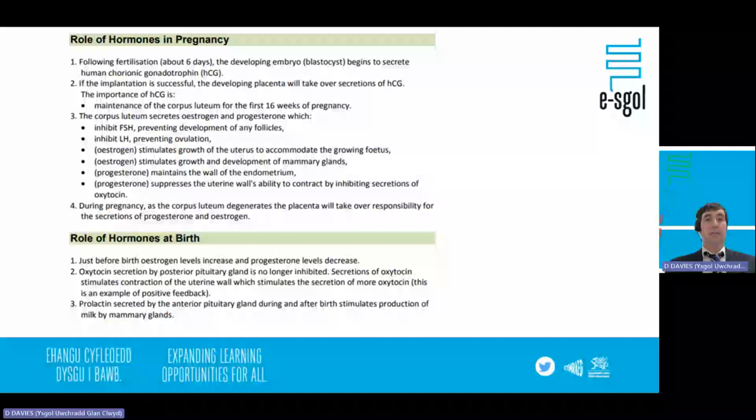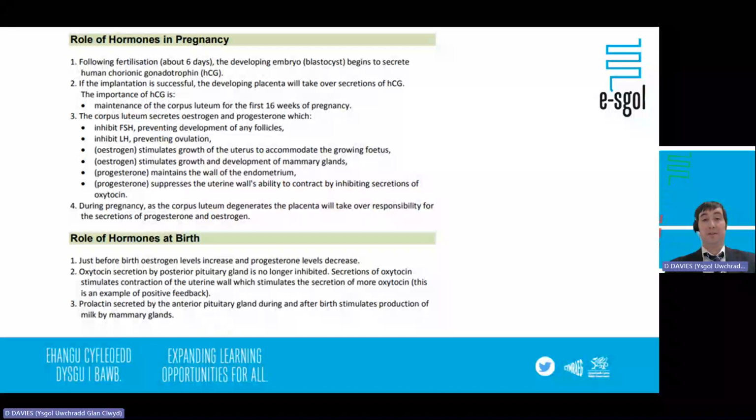Okay, so following fertilization, the blastocyst begins to secrete human chorionic gonadotrophin, HCG. Okay, if the implantation is successful, the developing placenta will then start producing HCG. And HCG is important because it maintains the corpus luteum for the first 16 weeks.